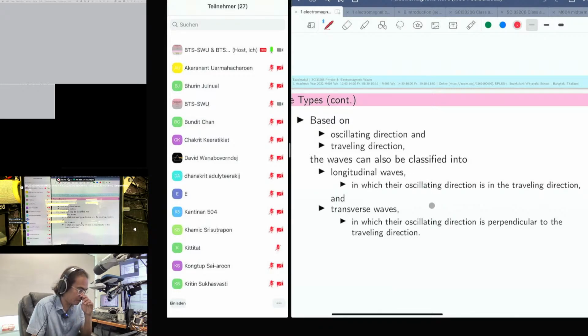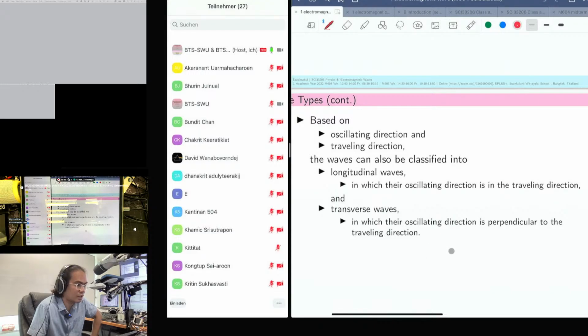It means the wave propagates in the same way as its traveling direction. For example, the sound, the voice here, is longitudinal wave. Another type of wave in this sense is called transverse wave. It means the oscillating direction is perpendicular to the traveling direction.